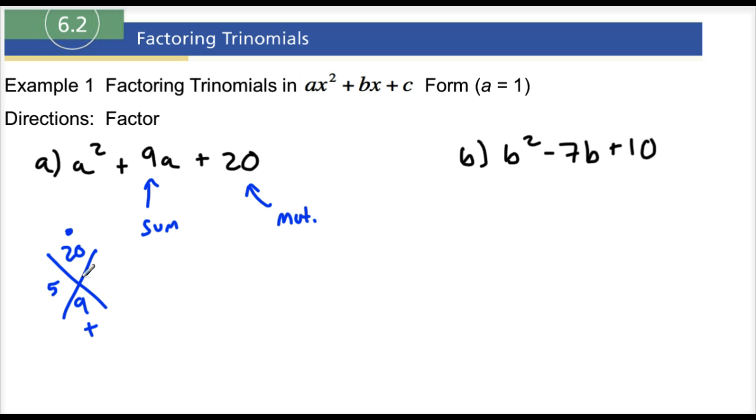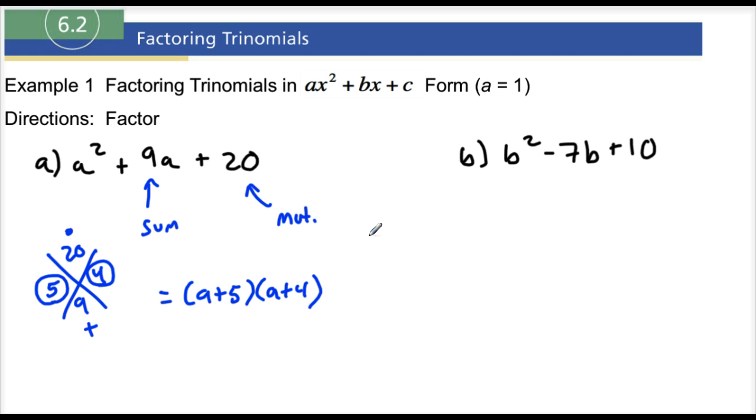That would simply be 5 and 4. 5 plus 4 is 9, and 5 times 4 is 20. So this is very helpful. These two numbers are what we need to factor a squared plus 9a plus 20. The answer is a plus 5 times a plus 4.